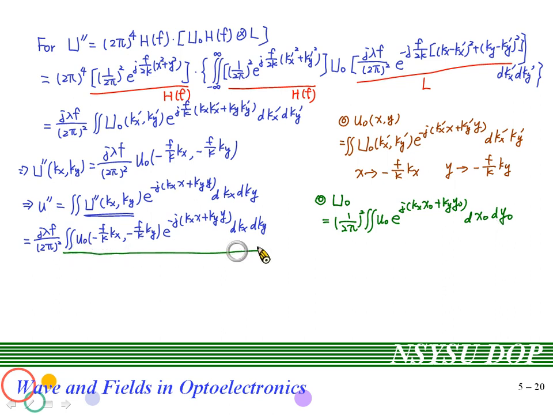Compare with this one and this one, you will see they are almost the same, just a little different. What's the difference? This one is u0 of x0, y0, and this one is u0 of these two parameters.